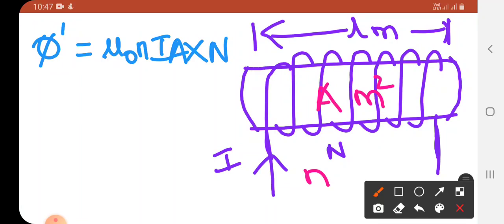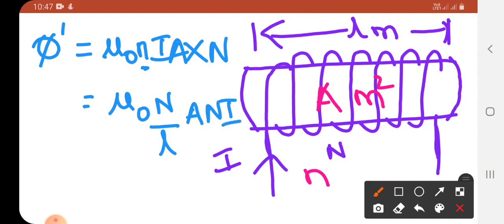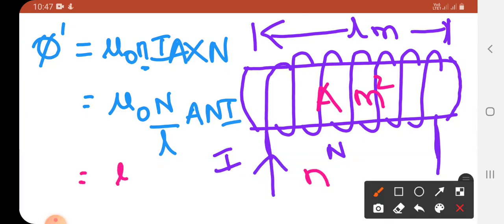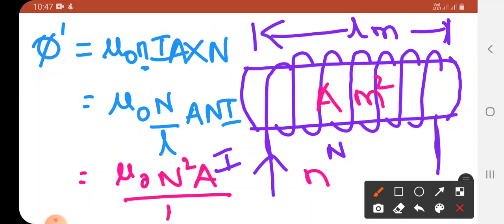So hence, where n is N by L, you can write the expression as mu naught N square A by L into I. This is phi dash, the flux linked with all turns of the solenoid, which is also known as N phi. It is also considered as phi dash is equal to N phi.